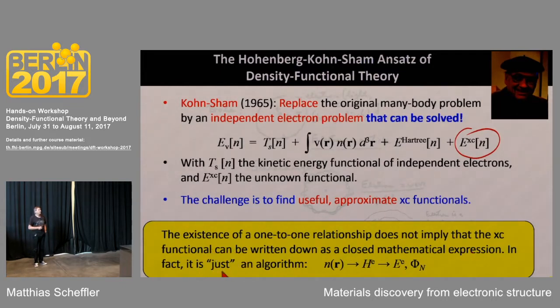In fact, what we have is what I call an algorithm. The density, when you give it to me, determines the many-body Hamiltonian. If you look at the density, you somewhat know where the atoms are, and you also know what the nuclei are. And the Hamiltonian then determines the energy and the wave function.